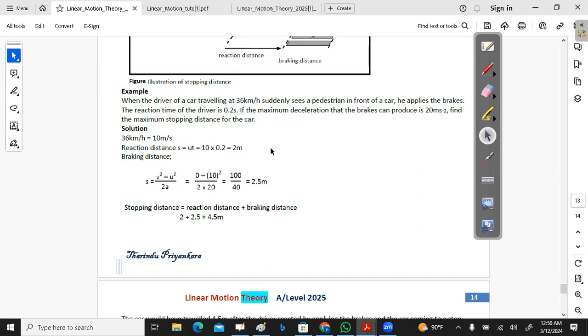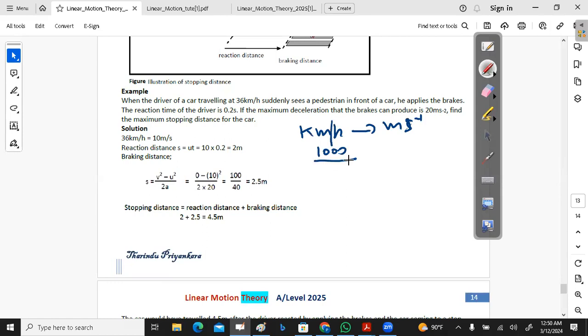Now have a really good look at the working example, where a driver of a car is traveling at 36 kilometers per hour. You have to have the very basic knowledge of converting kilometers per hour to meters per second. That is an O-level thing, but I remind you, kilometer means you multiply by 1000. Hours means per hour, so divide by 60 by 60.